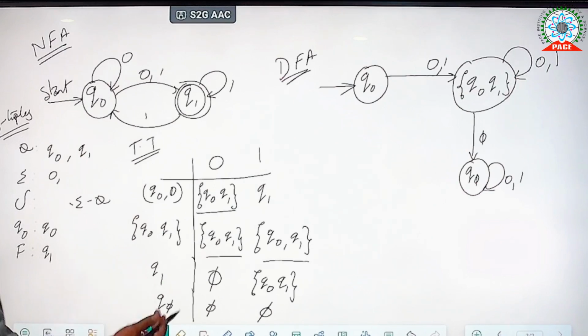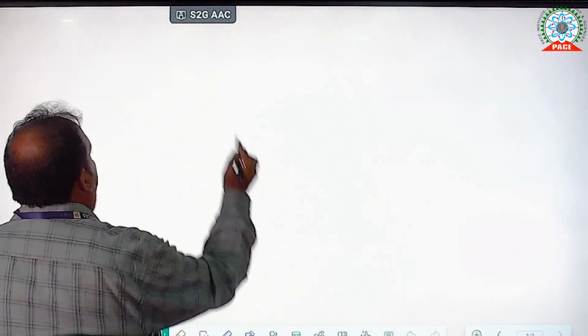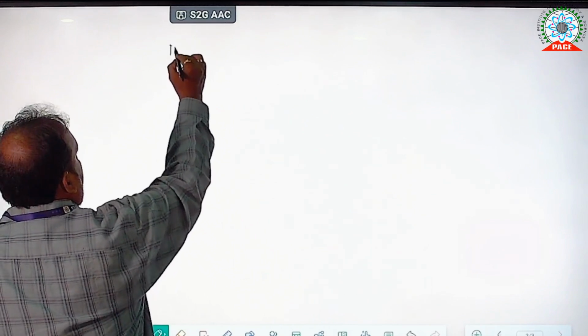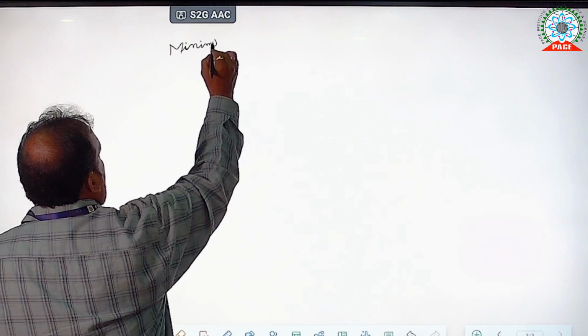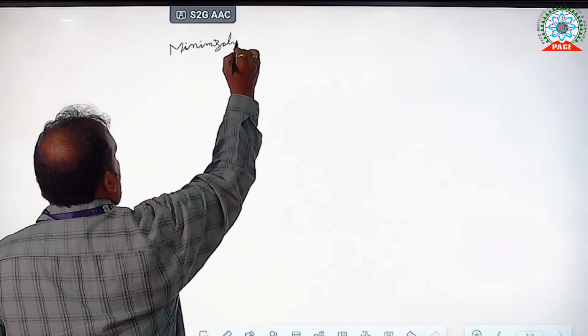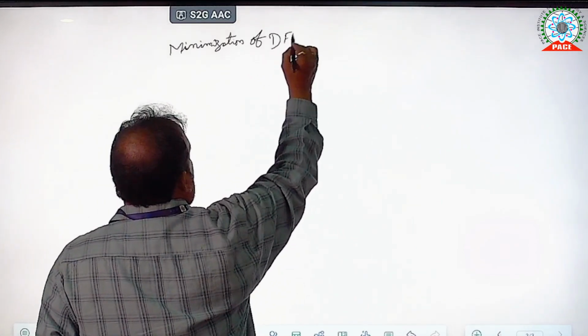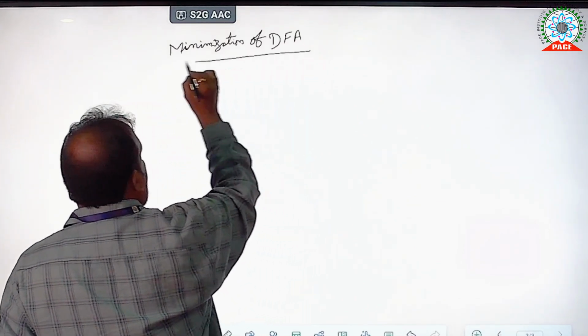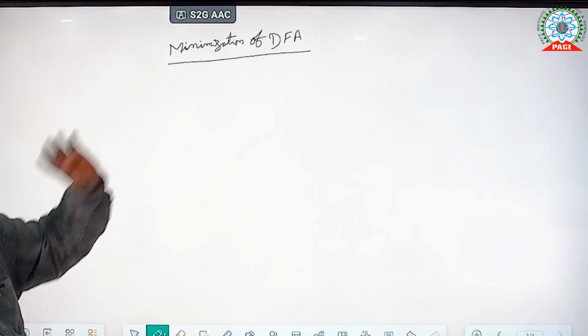So next we have to focus on the next topic: minimization of DFA, or finite state machines. Here we have to minimize the DFA machine.